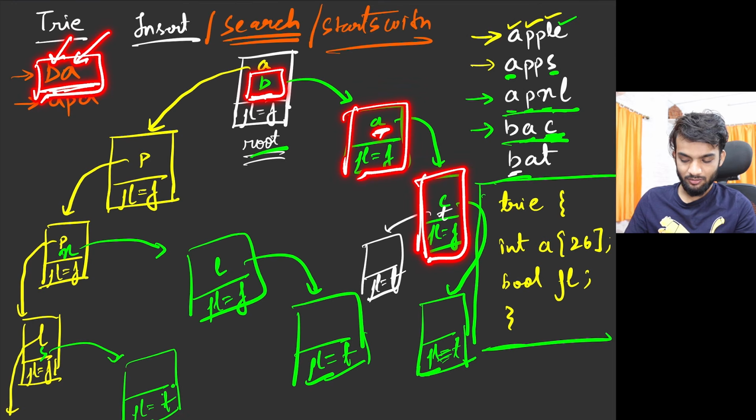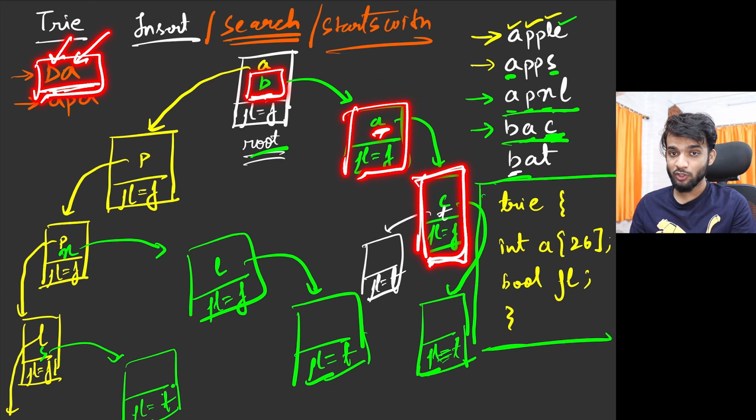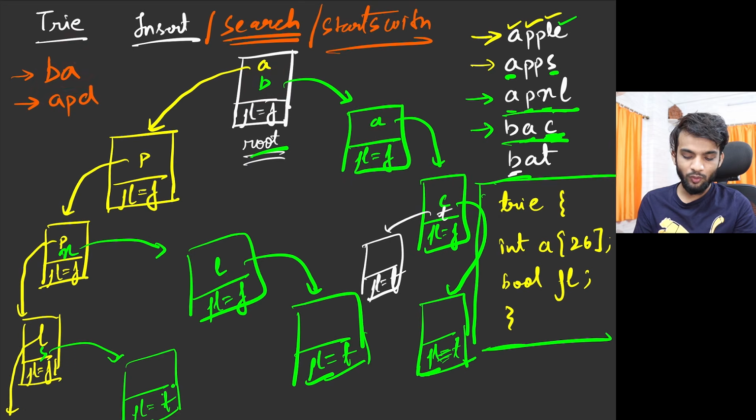Now at the end, if you are not standing at a null, it's very important. At the end, if you are standing at a trie, that means there was a possible prefix. Otherwise, you would not have been standing over here. So if you're standing at a trie, that means there was a BA.